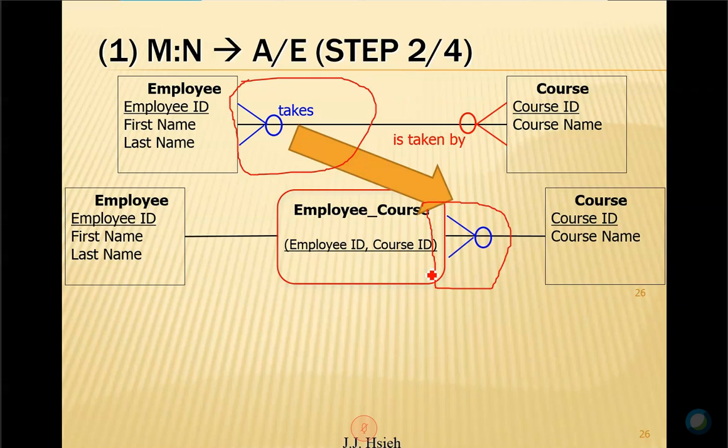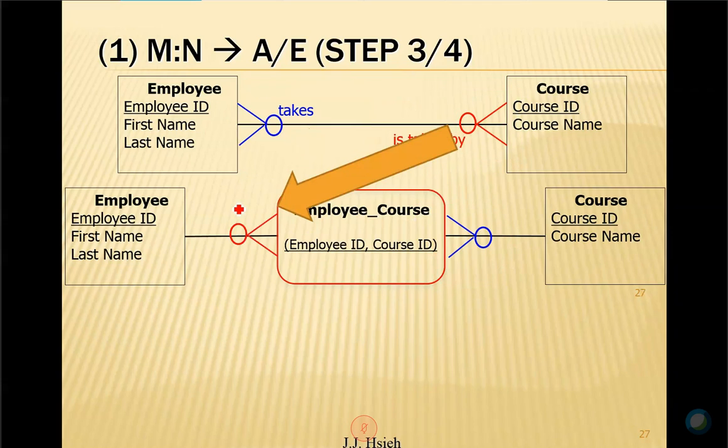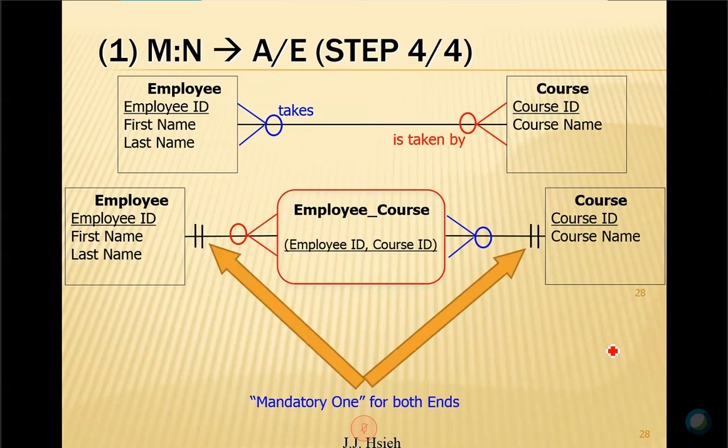That's the first step. And then you move the cardinality on the right hand side of the relationship to the left hand side of the associate entity. And we are not done yet. We still need to take one more step. That is, make sure it's mandatory one on both sides.